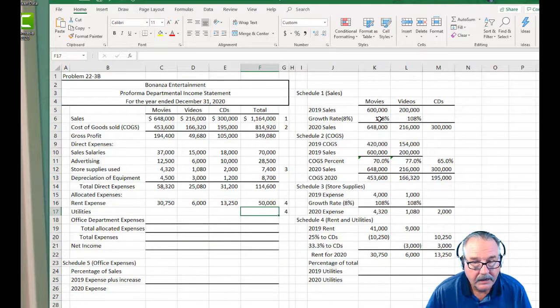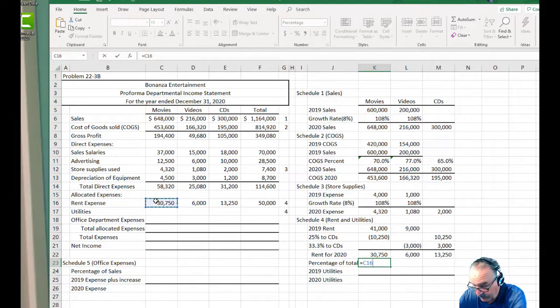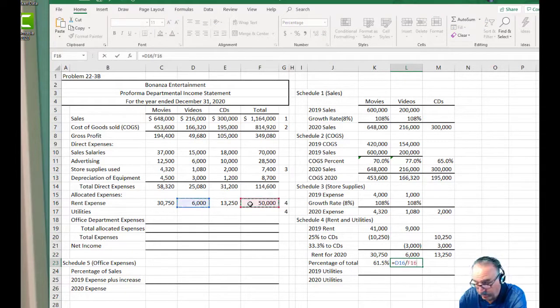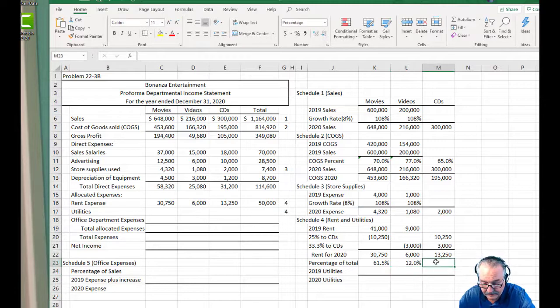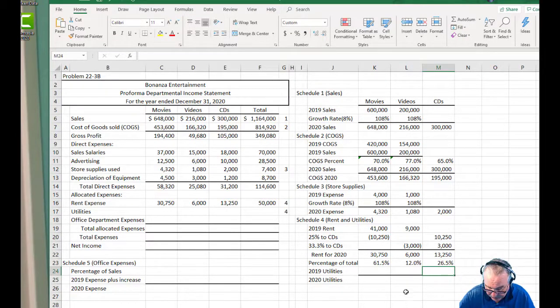So now we're going to allocate utilities in the exact same manner. So I'm going to take the percentage of rent in the movie department divided by total rent. That gives me 61.5%. The rent in the video department divided by total rent is 12%. And the rent in the CD department divided by the total is 26.5, and they expect the utilities to be $9,000.